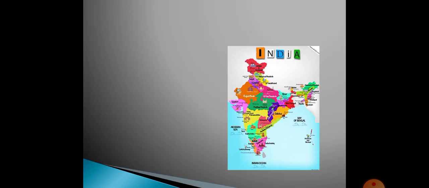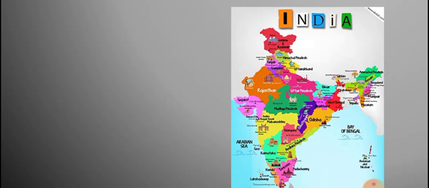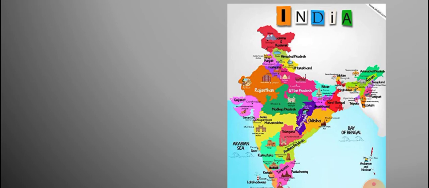Now, what do you see here? We see a map, an India map. I'll just increase the size for you. You see there are different states and certain monuments as well, right? These are symbols stating that this is a monument or this place is famous for something.